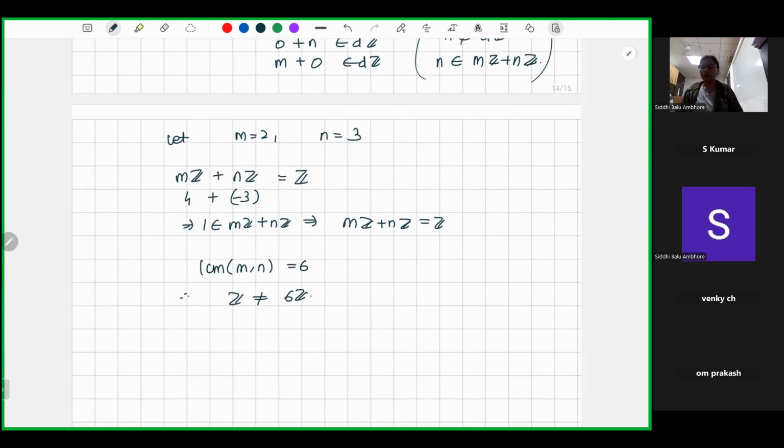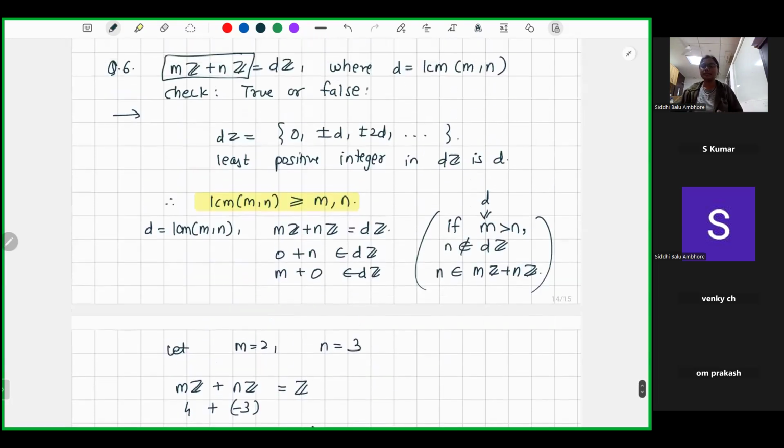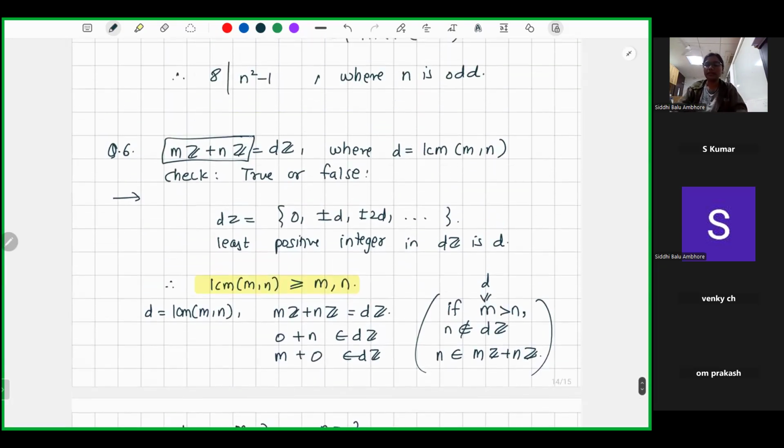A quick way to understand this is that the group here contains both m and n, and the LCM is mostly bigger than both m and n.